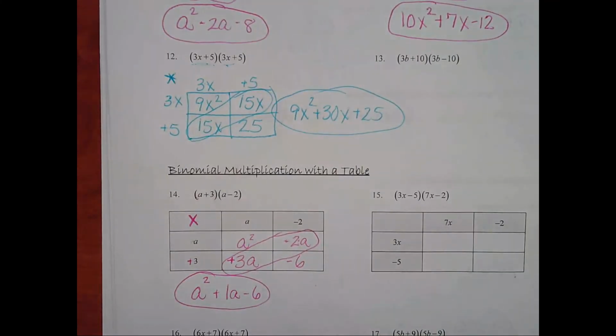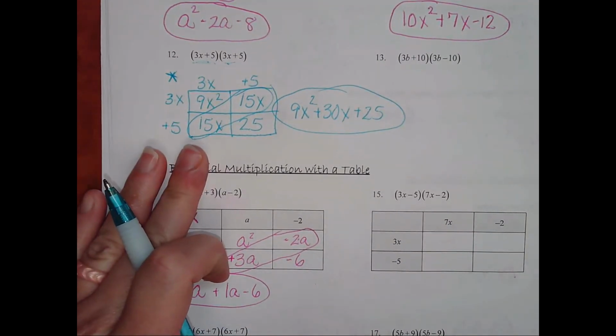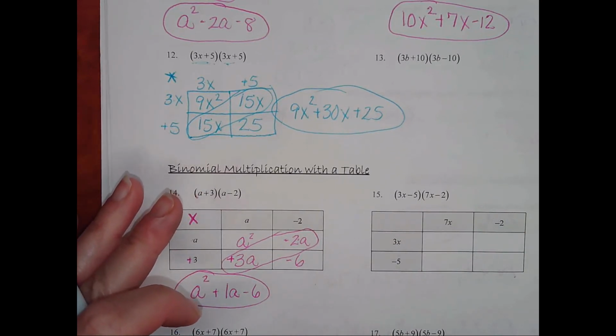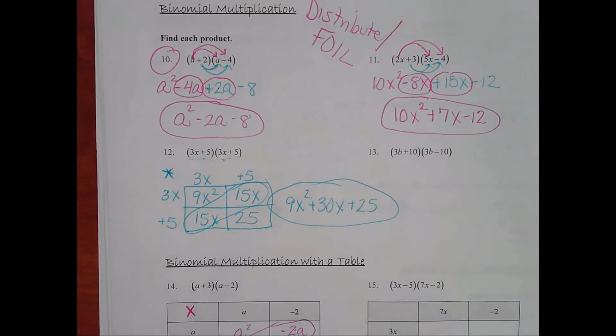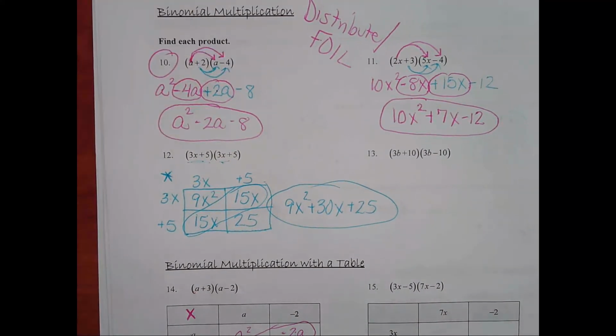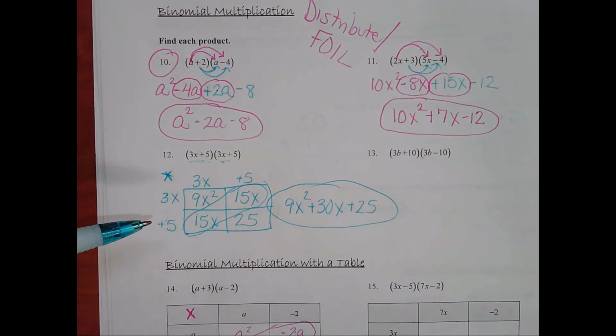I personally prefer a table, mainly because you can't forget a number. You can't forget a term. When you are distributing, you could maybe forget to distribute to something. If you have it written out in a box, you literally can't forget it. It forces you to not be able to forget it.